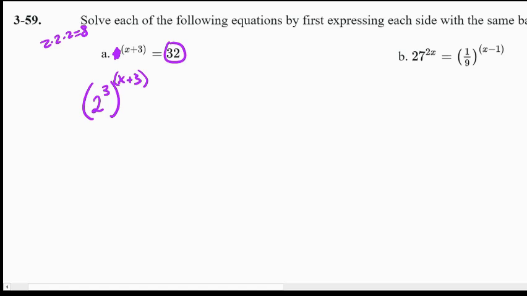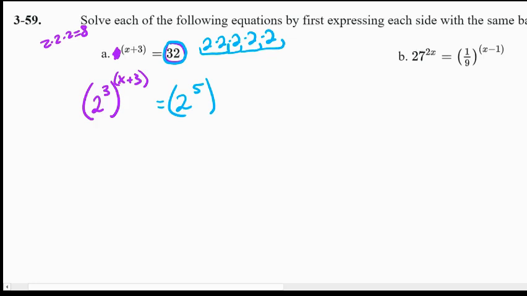Now I want the base to be the same on the other side. So for 32, that's actually going to be 2 to the power of 5, because 2 times 2 times 2 times 2 times 2 is 4, 8, 16, 32. So now I'm just replacing 32 with 2 to the power of 5.